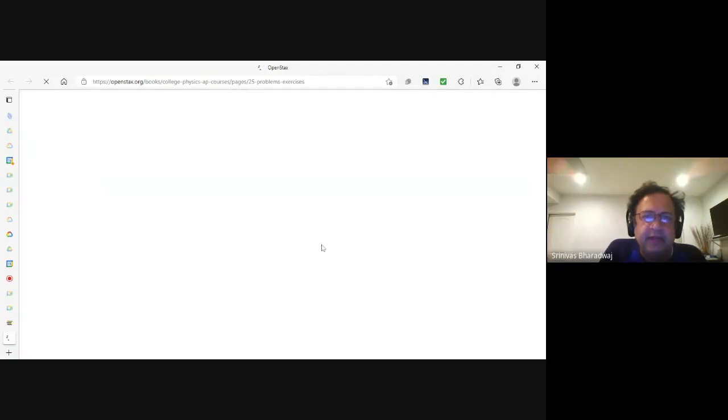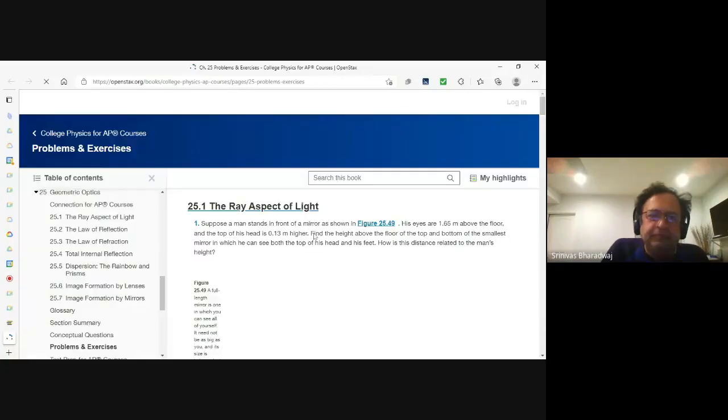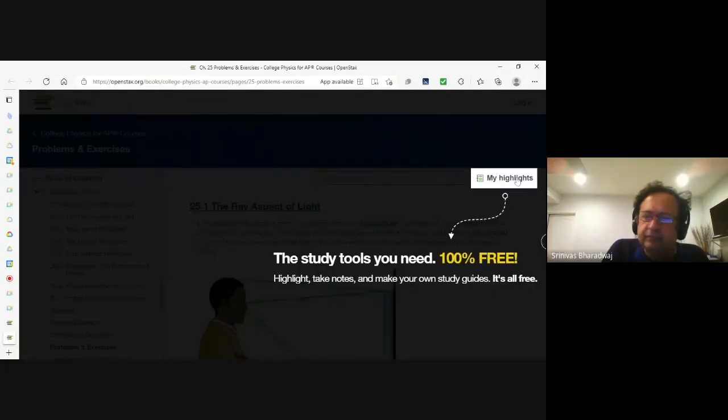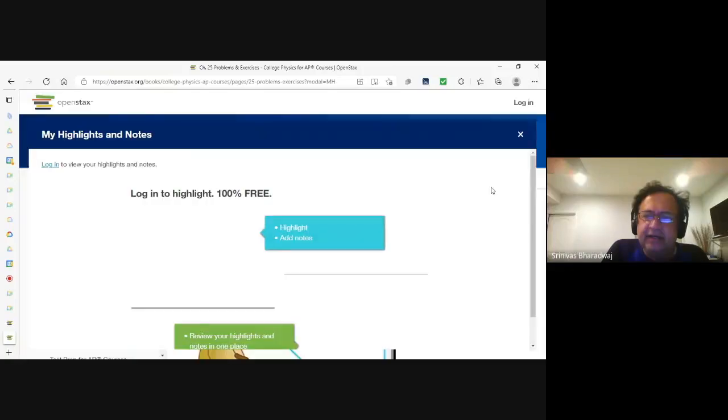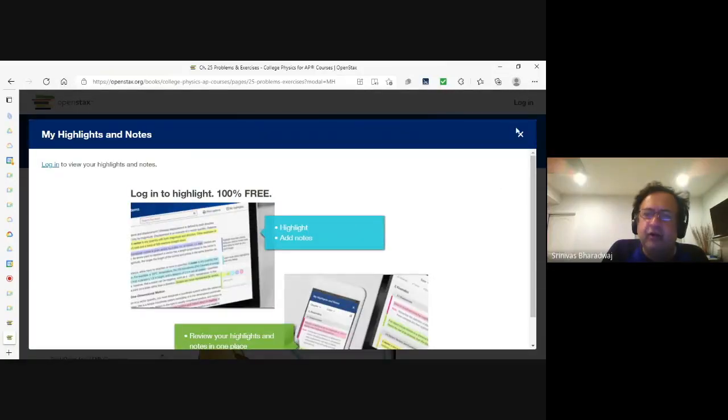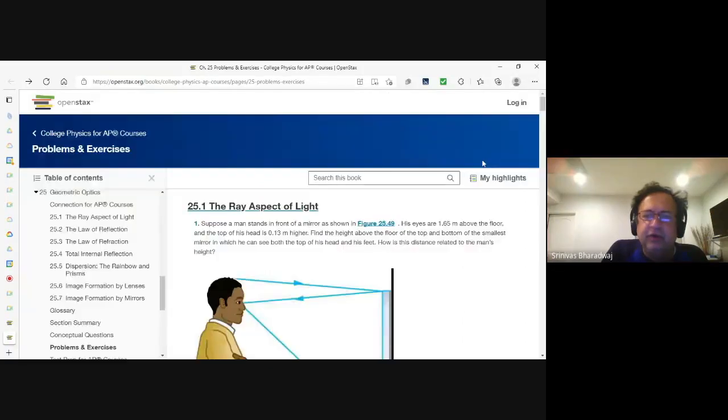The page is taking some time to load, but sometimes pages take a few minutes to load. Note the important detail: it's all free. It is provided by openstax.org. My highlights and notes: log in to view your highlights and notes. Very beautiful.